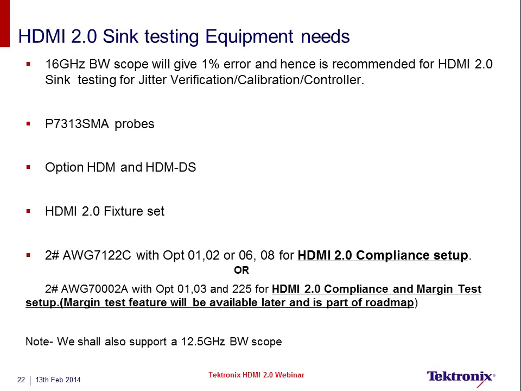You need options HDM and HDM-DS, which are the new application software options for HDMI 2.0. You need the 2.0 fixture set, and of course you need the signal generators, the industry-leading arbitrary waveform generator, whether it is the latest state-of-the-art AWG7002A or the legacy AWG7122C.